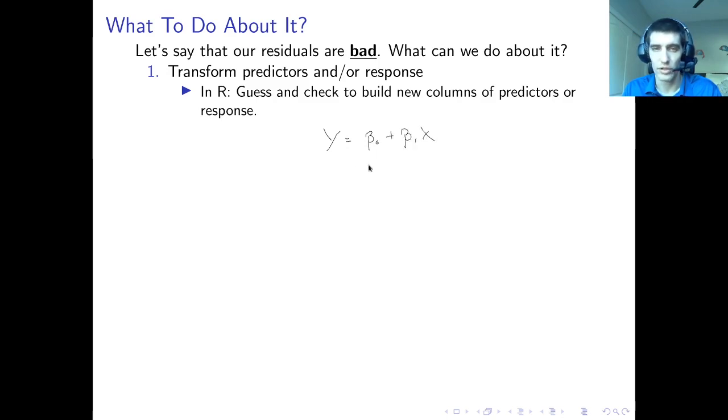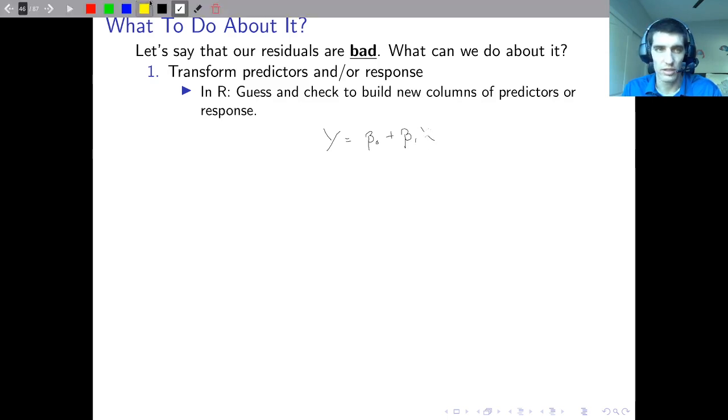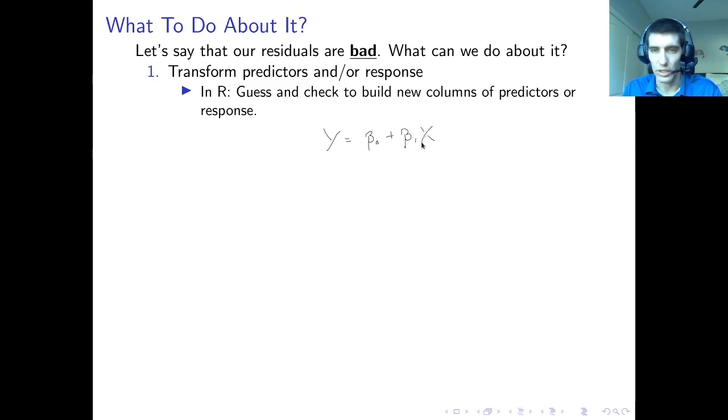Let's say we have a simple linear regression model, and it could be that the true relationship between x and y is actually not linear in this way, but in fact it is quadratic. So instead of being linear, it could be that y is equal to beta naught plus beta 1 x squared, right? So as x increases, y increases with the square here.